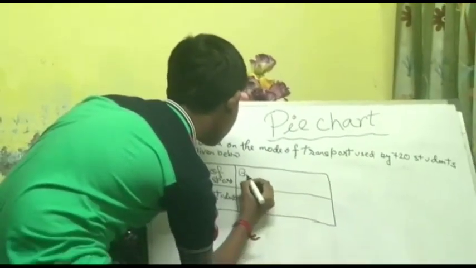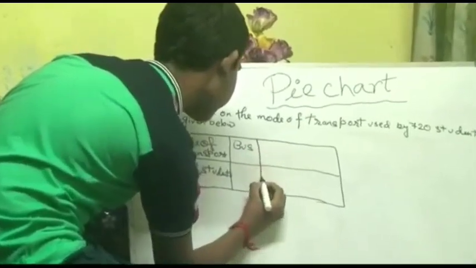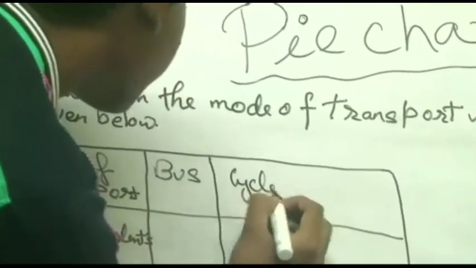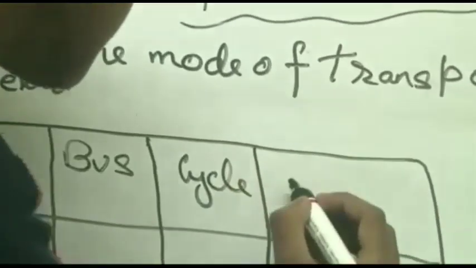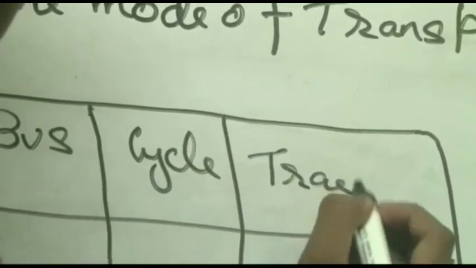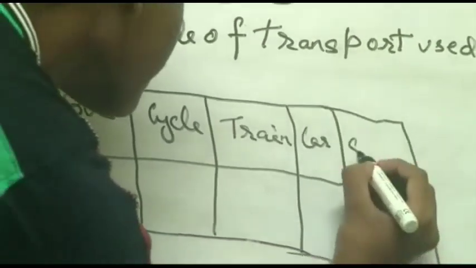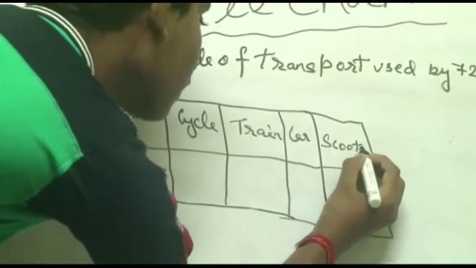Mode of transport: bus, then cycle, then train, then car, then scooter.